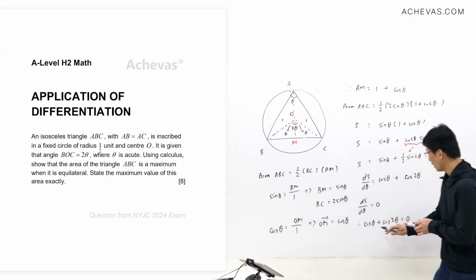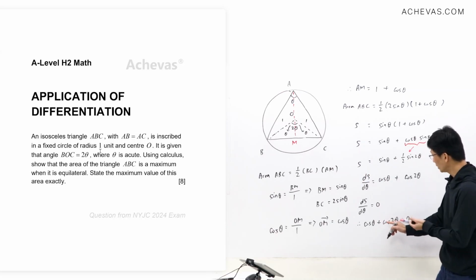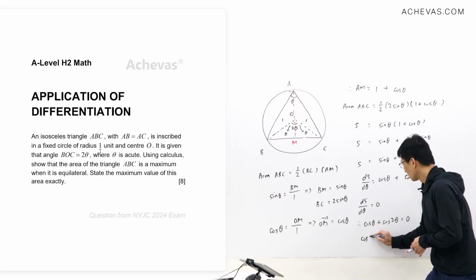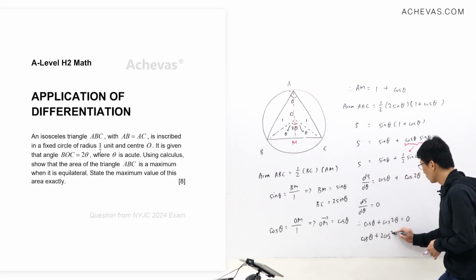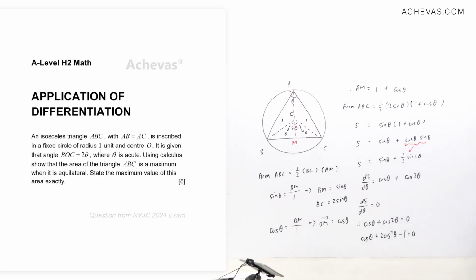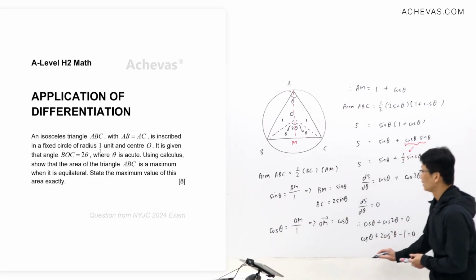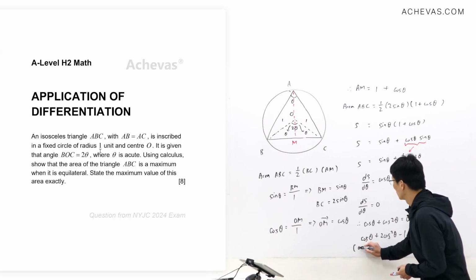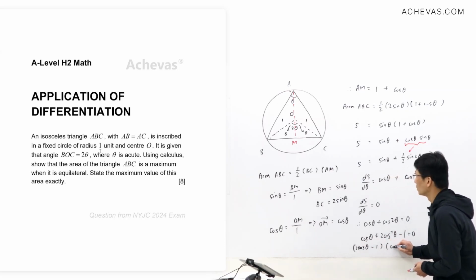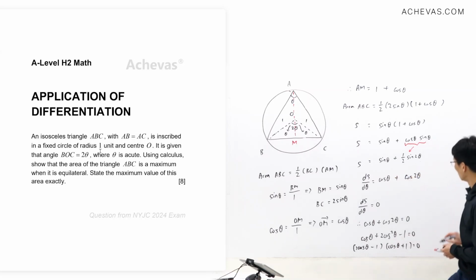So for solving this equation here, we can either use the factor formula or we can just use the double angle formula to change this into 2 cos squared theta plus cos theta minus 1 equals 0. Doing a bit of factorization, we will get 2 cosine theta minus 1 times cosine theta plus 1 equals 0.